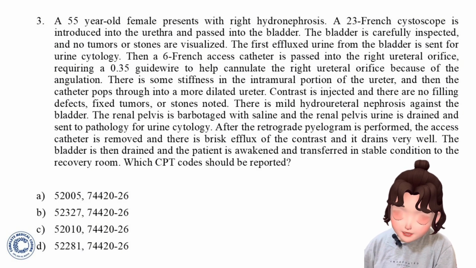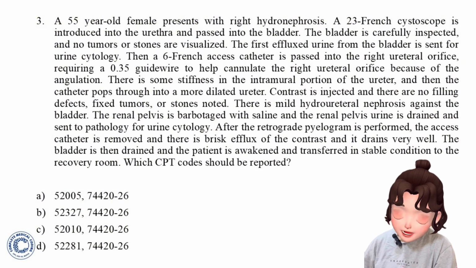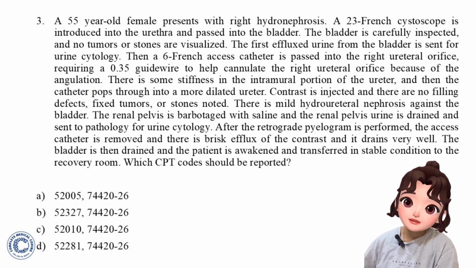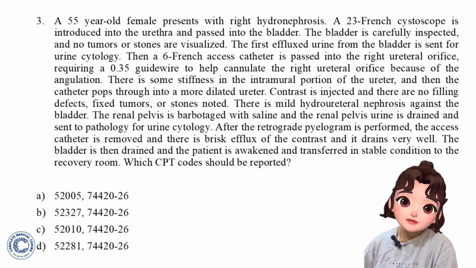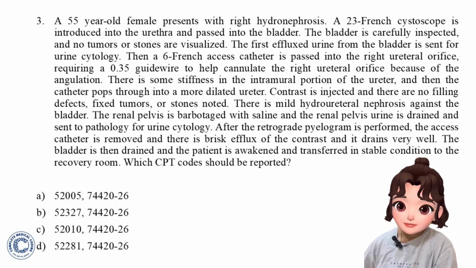So cystourethroscopy including urethral catheterization with subureteric injection of implant material. In our question, if you read it again, you can find there is nothing mentioned about any injection of implant material. So that is wrong.